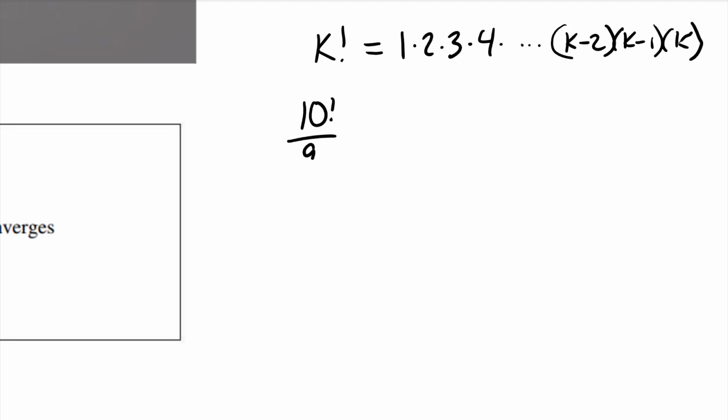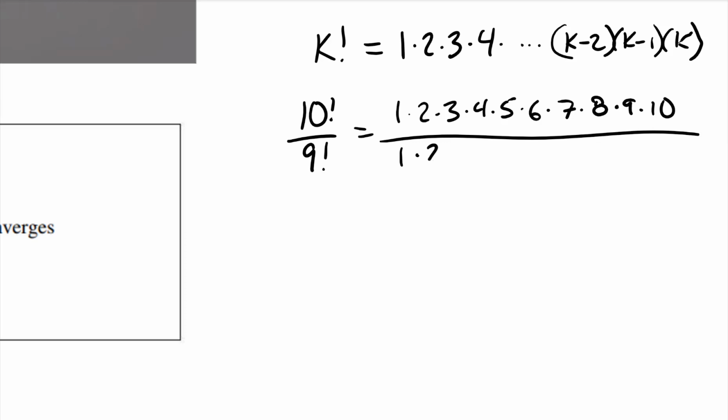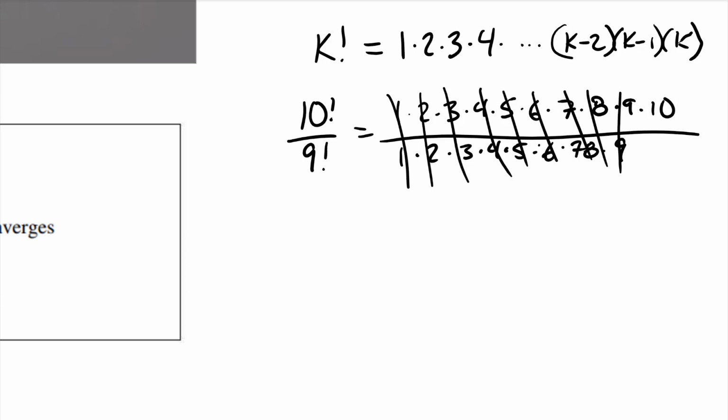I'm curious, what's 10 factorial divided by 9 factorial? It'll be 1 times 2 times 3 times 4 times 5 times 6 times 7 times 8 times 9 times 10, and 9 factorial will be 1 times 2 times 3 times 4 times 5 times 6 times 7 times 8 times 9. Those all cancel, and it equals 10.